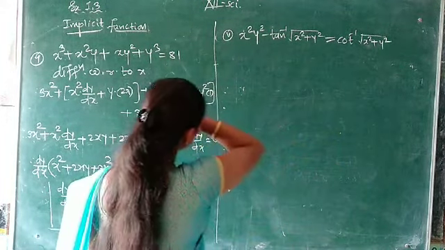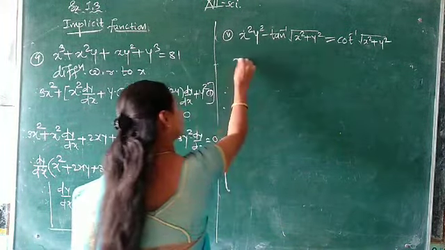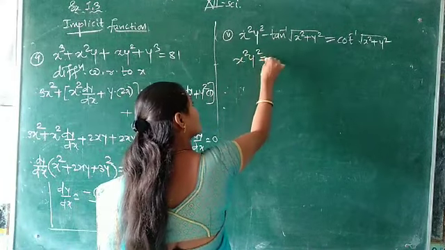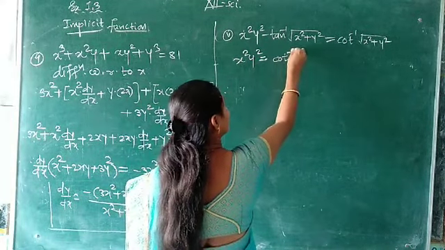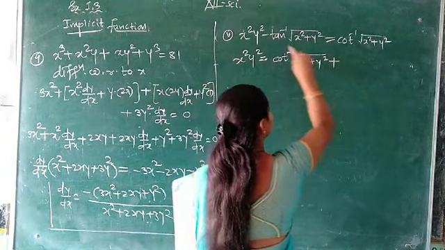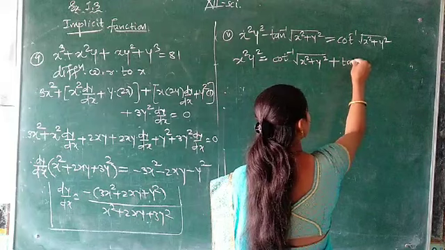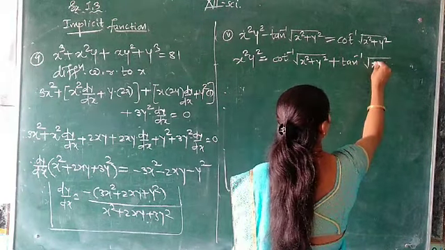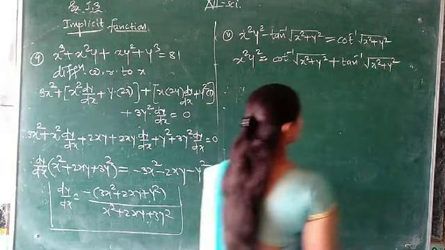So first the minus tan inverse, write this side, so it becomes x square y square is equal to cot inverse of under root x square plus y square, and the minus sign here becomes plus tan inverse of under root x square plus y square.